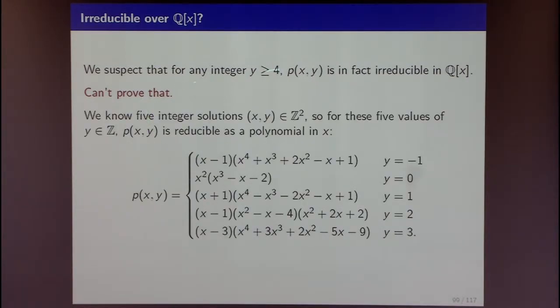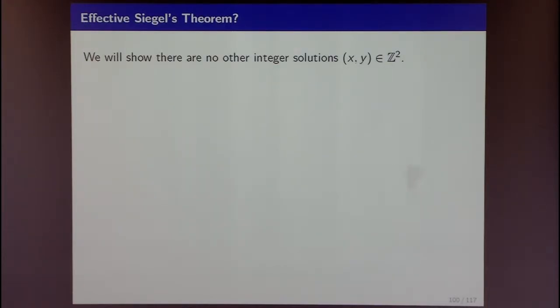We do know that this polynomial has these 5 integer solutions. And of course, for these particular integer places, you don't have irreducibility. But what we would like to say is that for y bigger than or equal to 4 as an integer, it is irreducible. Okay? So now the proof sort of bifurcates into 2 parts. One deals with when it's irreducible, one deals with maybe it is not irreducible.